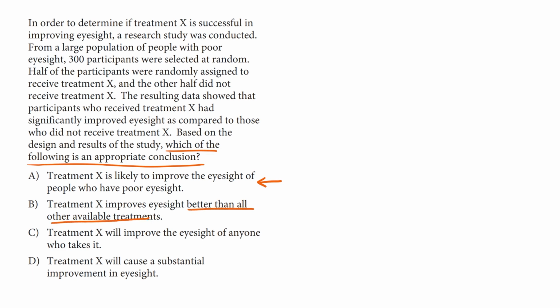We don't know because we didn't compare other treatments, so it can't be B. C says anyone who takes it. We only conducted this experiment with people who had poor eyesight, so we don't know if it'll improve the eyesight of anyone who takes it. And then D says cause a substantial improvement in eyesight. Again, we don't know that. We just know it caused an improvement, so it can't be D, which means A must be our answer.